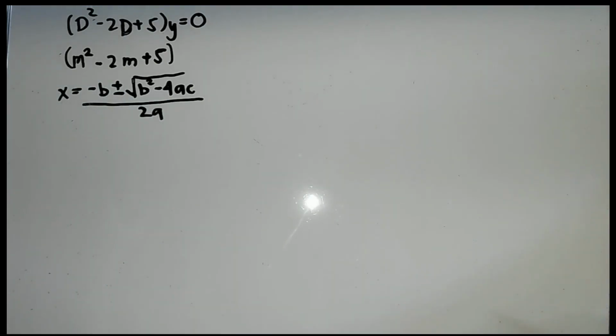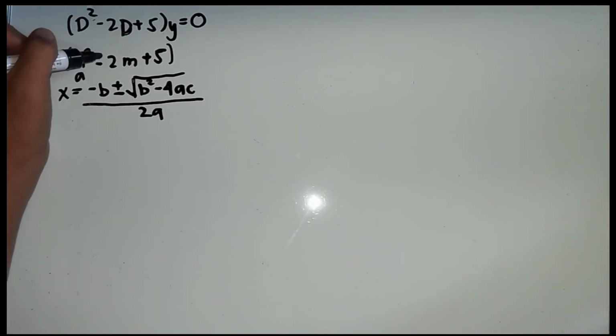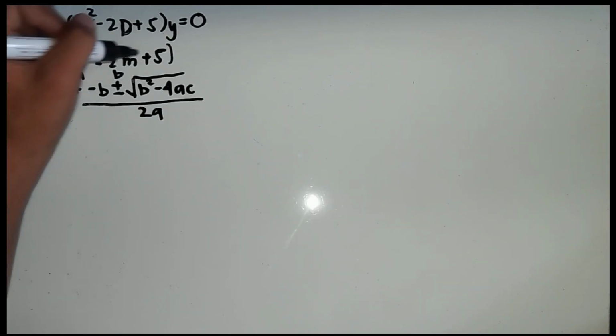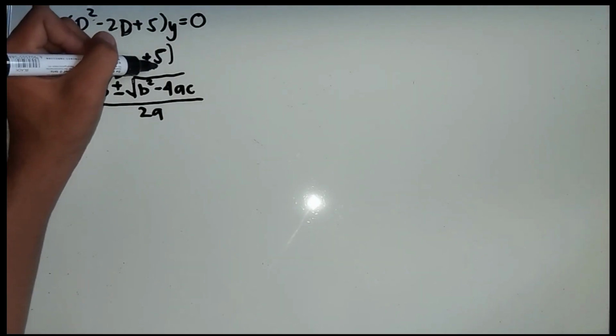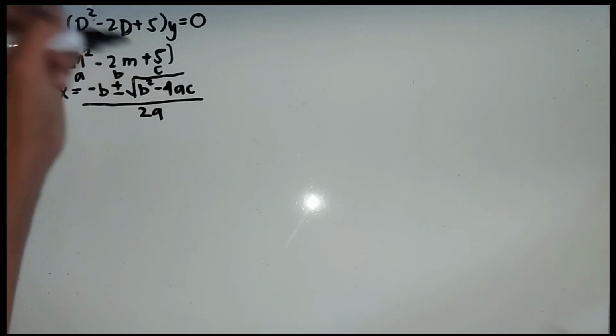First, we're going to identify the variables. We have a here, then the second term would be our b, and the third term would be our c.